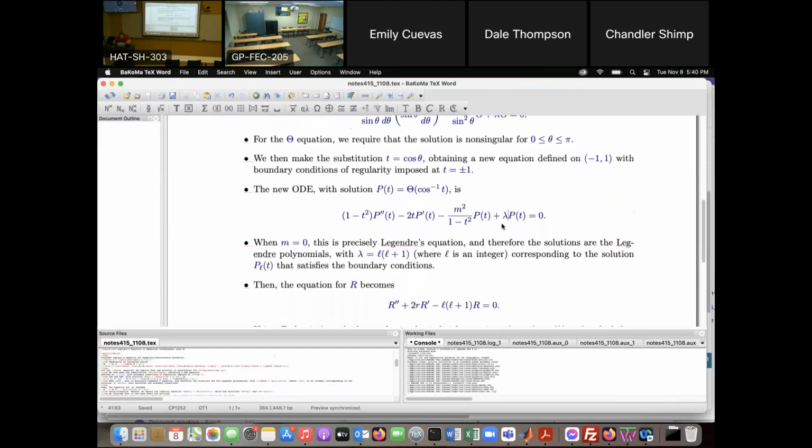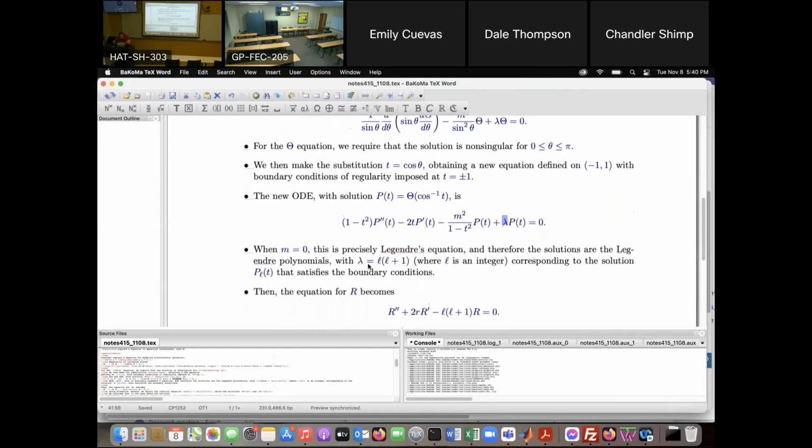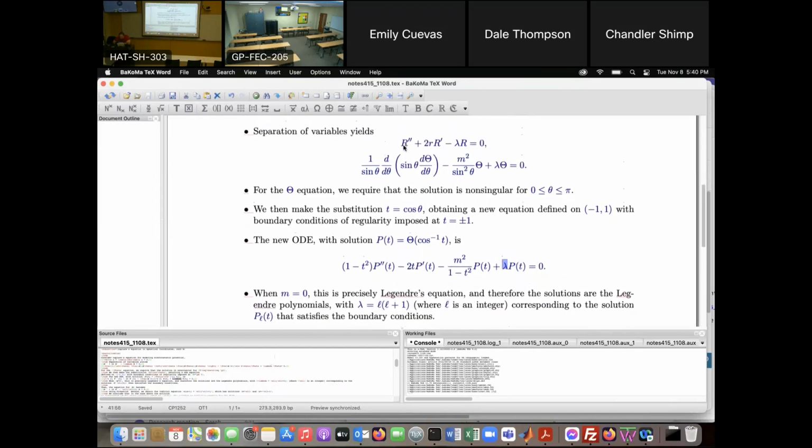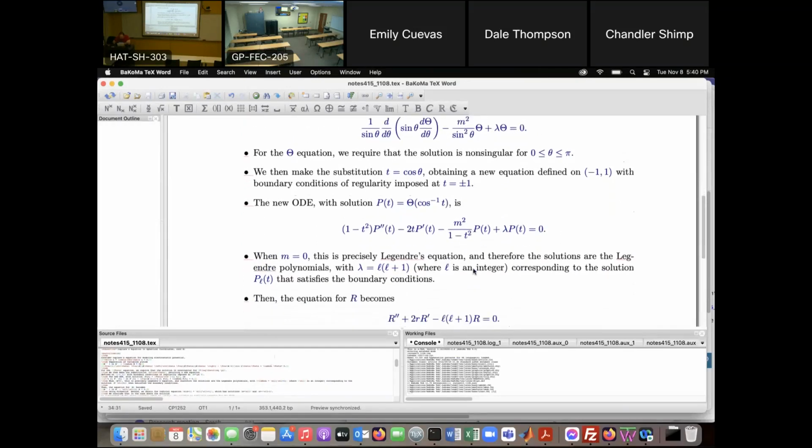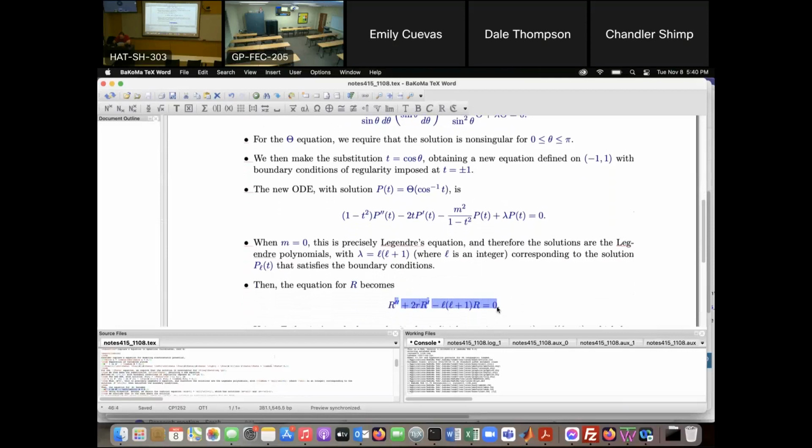So it's this equation that determines the valid values of lambda, L times L plus 1. We take that and substitute it into this ODE, the only one we haven't solved yet, for r. So this is our ODE in r now.